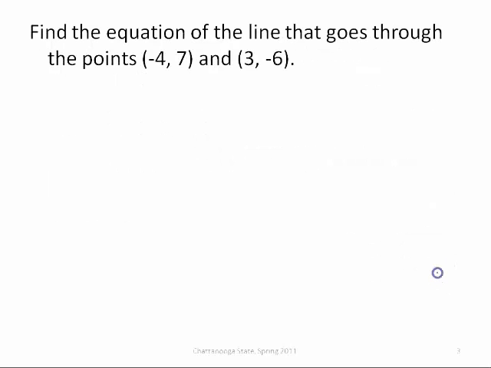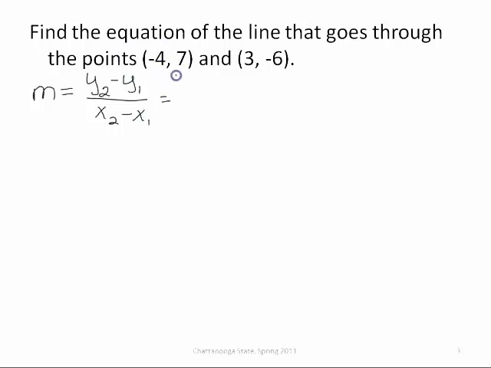So let's look at a problem. Let's say we know that the line goes through the points (-4, 7) and (3, -6). The first thing we need to do is find the slope. So we find the slope by subtracting the y-coordinates on top, y2 minus y1, over x2 minus x1.